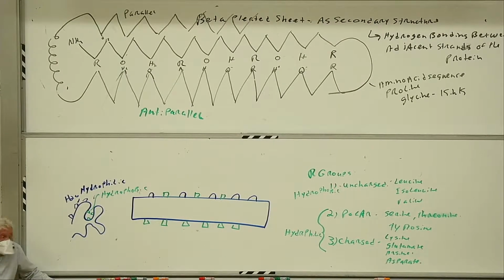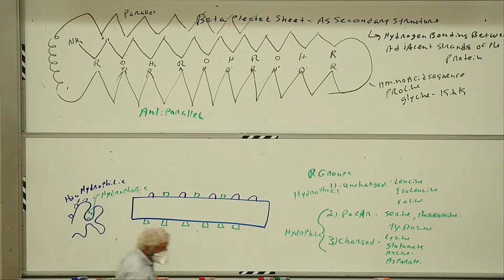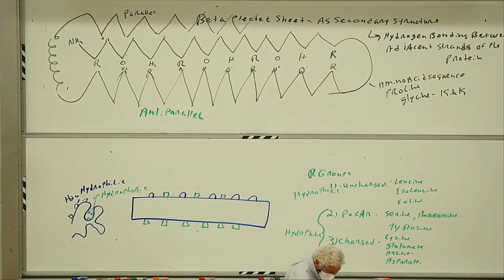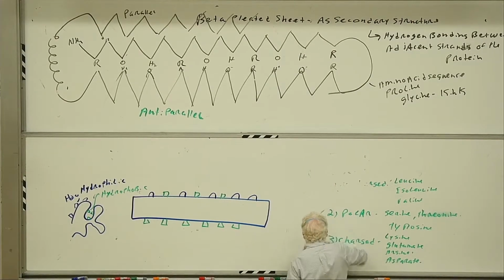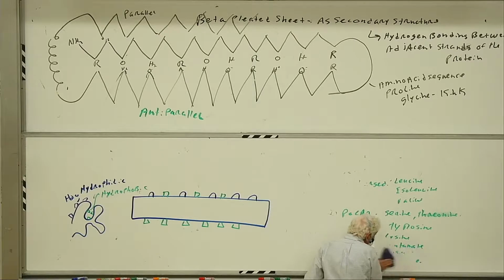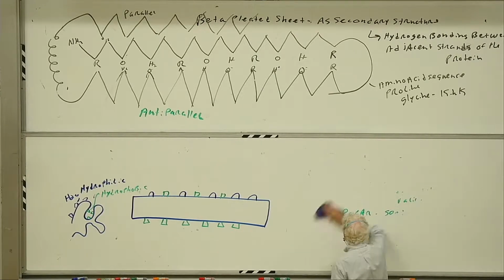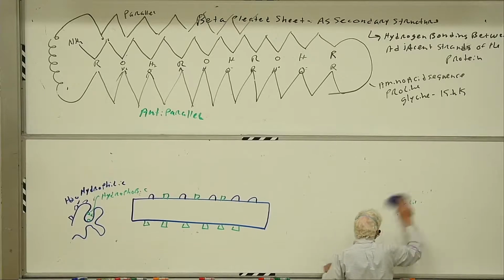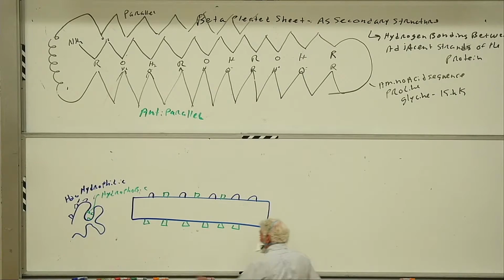Now, an example I want to use for three-dimensional shape and how it will function, and I'll put this over on the right-hand panel, is a molecule we're going to run into later. We're going to run into this when we talk about cell biology. We're going to run into this molecule when we talk about muscle. And the molecule I want to spend a moment on here, and thinking about its three-dimensional shape, is one called myosin.